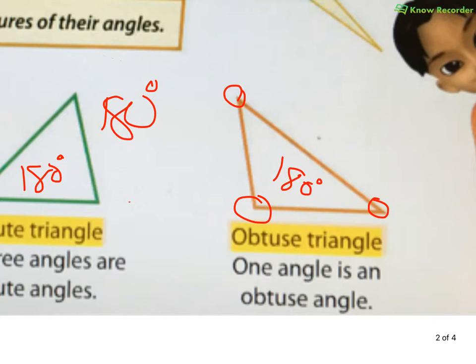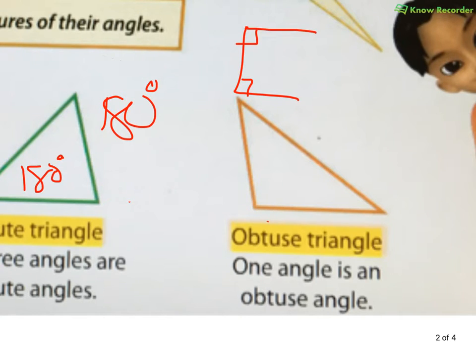If I tried to draw a triangle with a right angle, here's one, and I try to do another one with a right angle, well, I already have 1, 2, 3 lines. I can't draw any more lines and have a triangle, can I? No. Reason being, I already have 180 degrees worth of angles. I can't make another angle because 90 plus 90 is 180. There's no way I can close that figure.